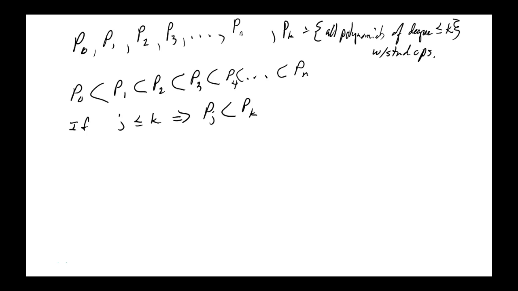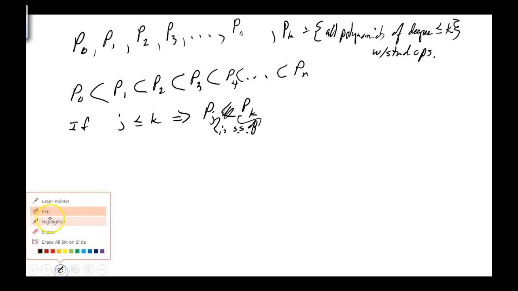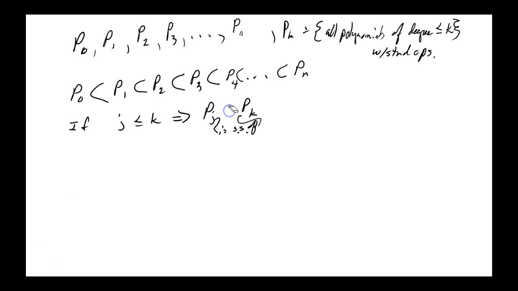I think these symbols just represent set, so I'm going to put is a subspace of P sub k. I won't use that symbol because I think that only means subset. It's actually subspace.